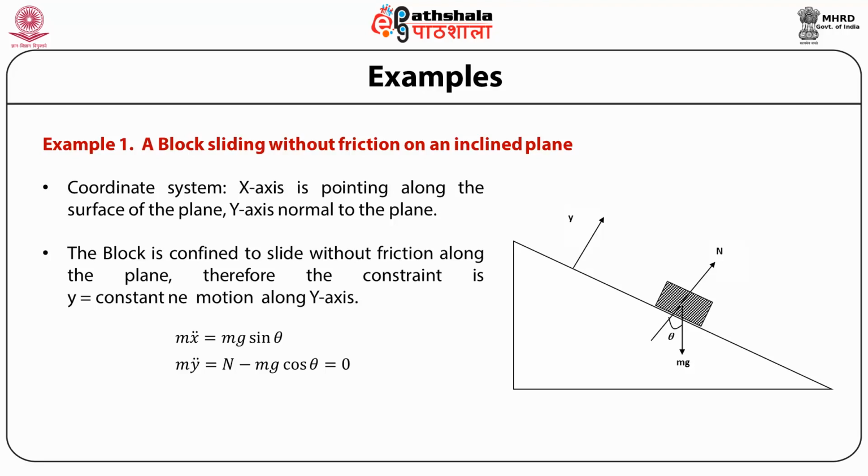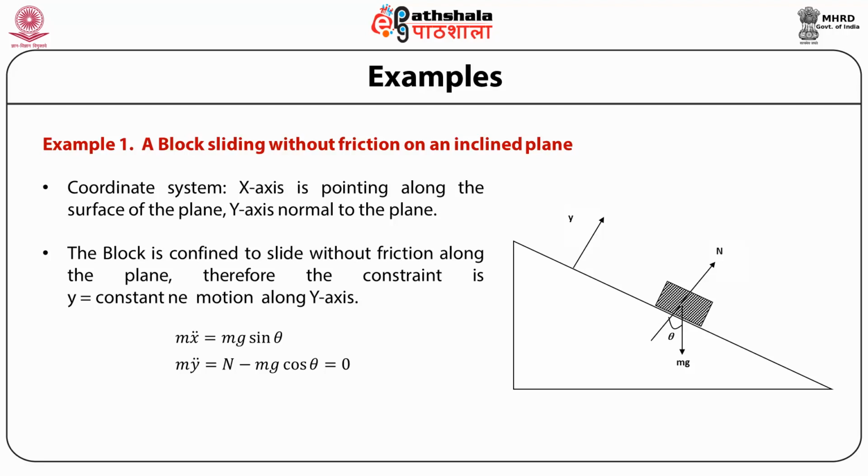Since there is no motion along the y direction, we have m y double dot must be equal to 0, and it is here that the constraint forces come into play. So m y double dot is equal to the constraint force N, which is called the normal force, minus the gravitational force perpendicular to the plane, which is along the direction of y, which is mg cos theta.